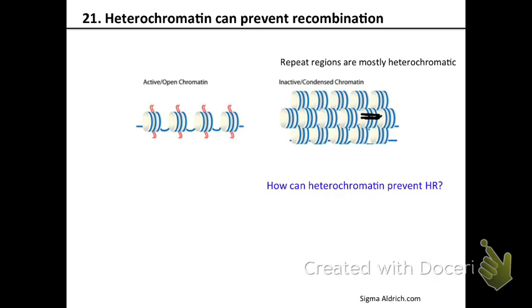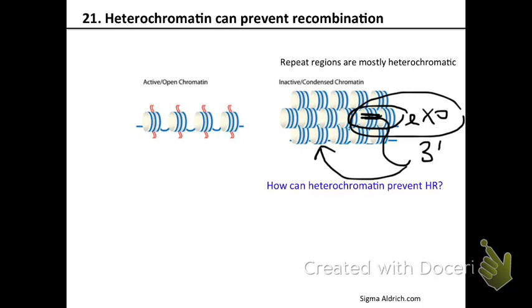What needs to happen is that these nucleosomes need to be removed so that the exonucleases can come in and chew up, right, and release these 3' ends to look for places to invade. So not only do you have to remove these nucleosomes, they have to come out and then also look for homology in the sister chromatid or some other part, right, which is also heterochromatic. So it won't be able to invade the DNA when the DNA is wrapped around the nucleosomes, right? So that's going to actually repress the homologous recombination machinery.